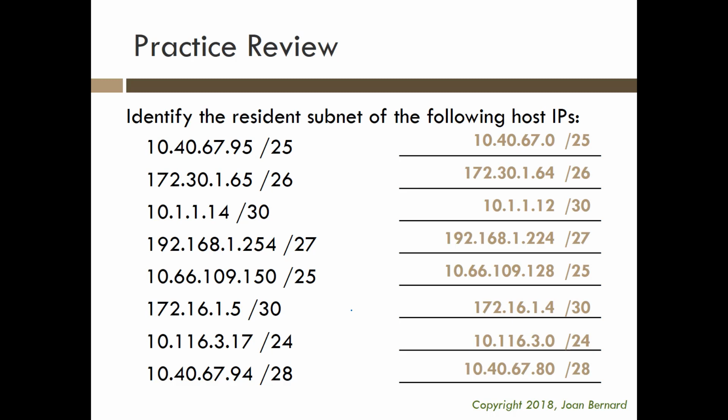Now remember, because these are network numbers, typically we always follow the network number and we identify the subnet mask after the network number. So typically the CIDR notation is going to always be printed after that network number.